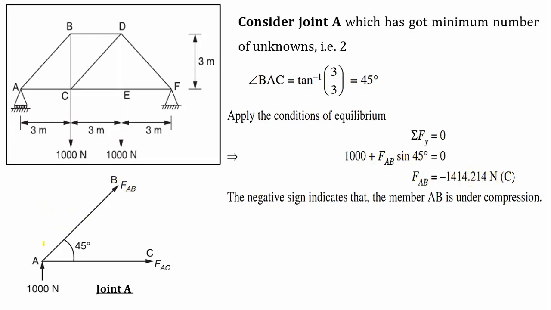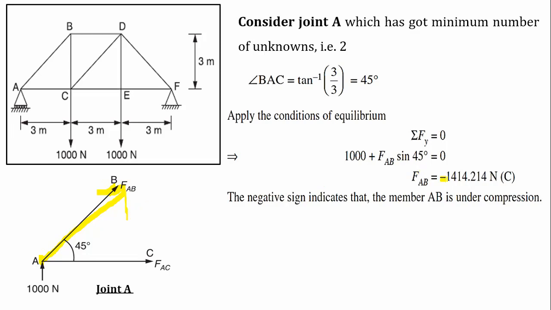So generally what we do is, if you see this joint A, here you can see the arrow, always we are going to show the arrow which is moving away from the joint. Away from the joint means the member is in tension. We assume initially that the member is in tension. If we are getting a negative answer, it means the member is in compression.